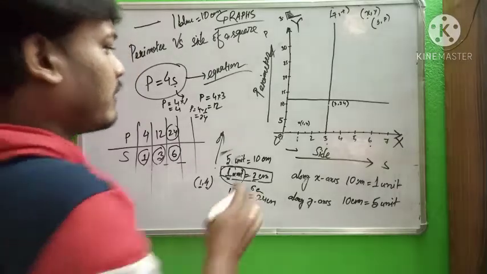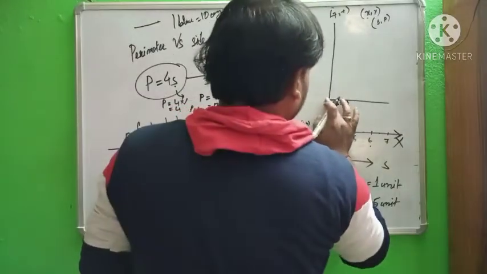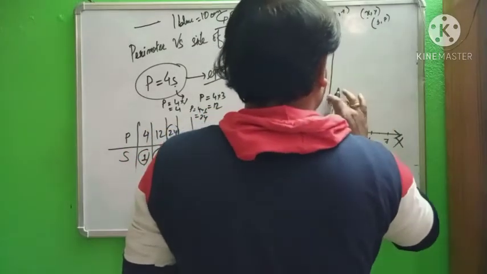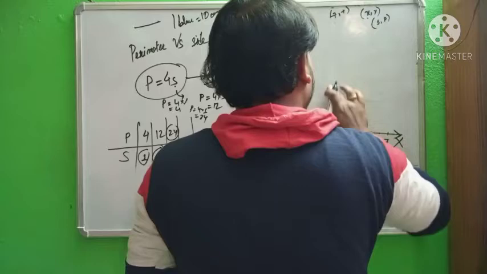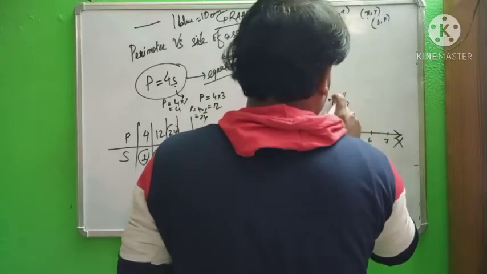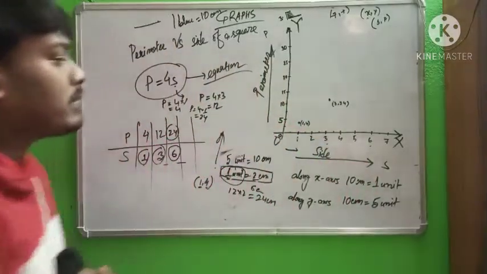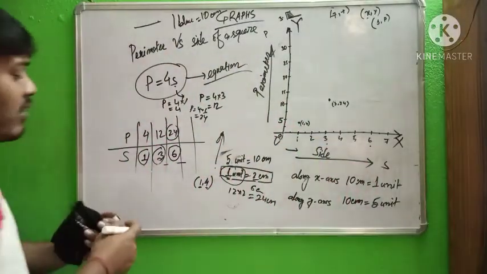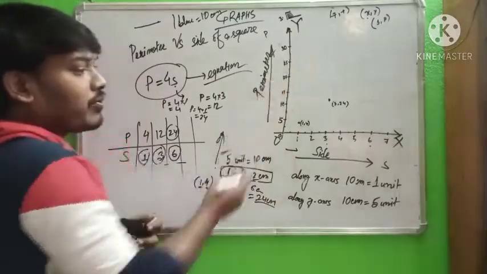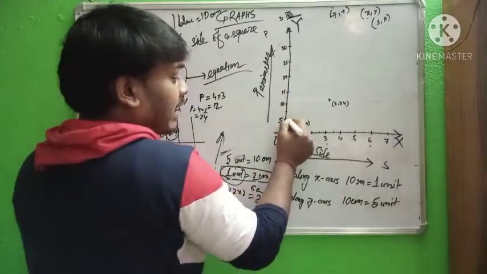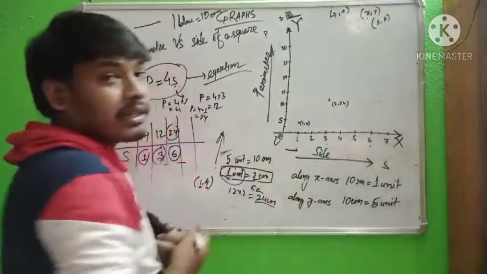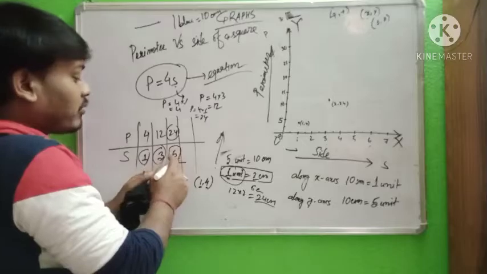Okay, so this is the value 3 comma 24. Now, 24 centimeter, not 24 unit, 24 centimeter. 10, 15, 20 centimeter, 25 centimeter. So here 24 centimeter.